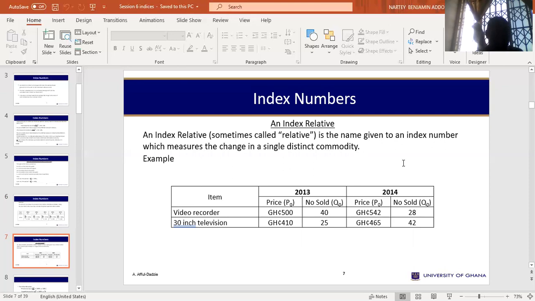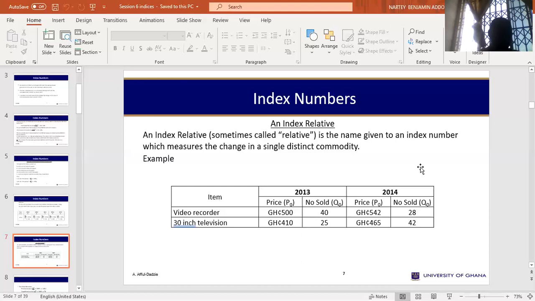So if you are calculating the value relative, you can write it as I'm saying it. That will be Pn Qn over P0 Q0 all times 100. And value relative could also be separated: we have Pn over P0 in brackets, and then another bracket Qn over Q0, times 100.